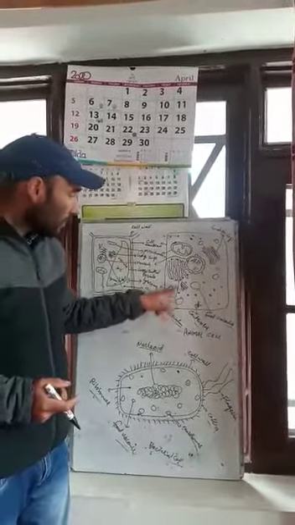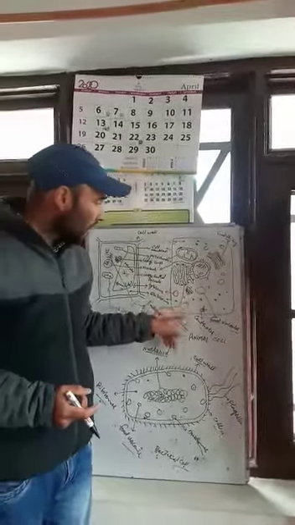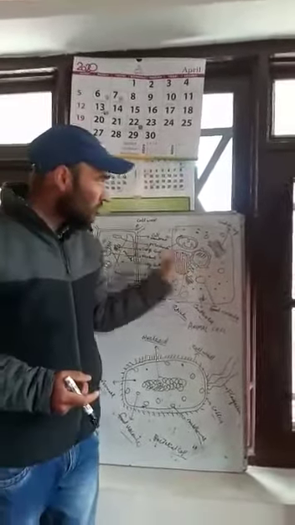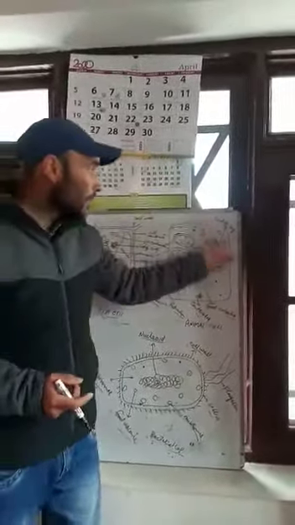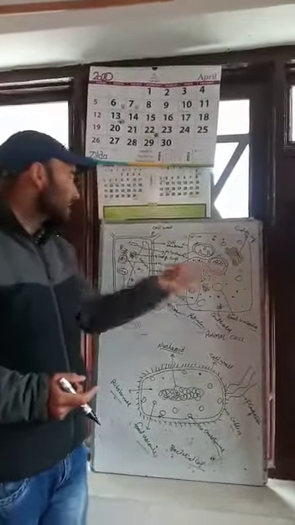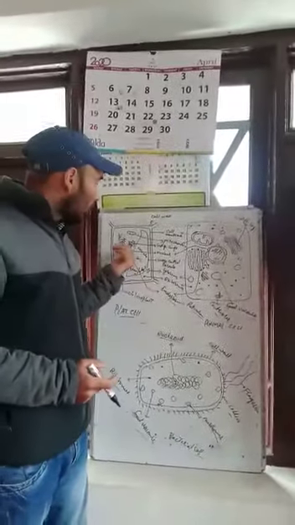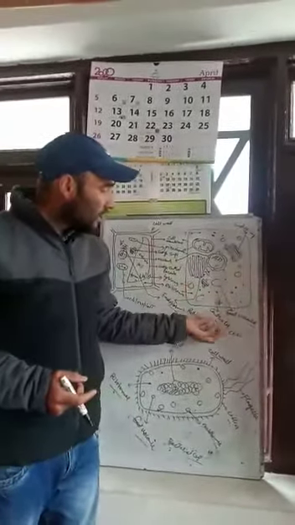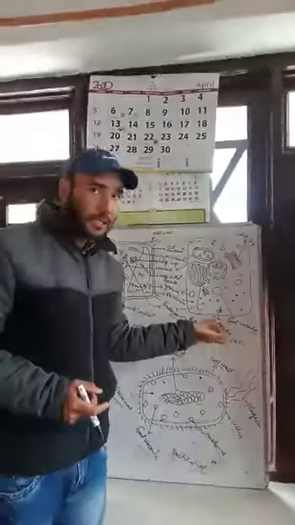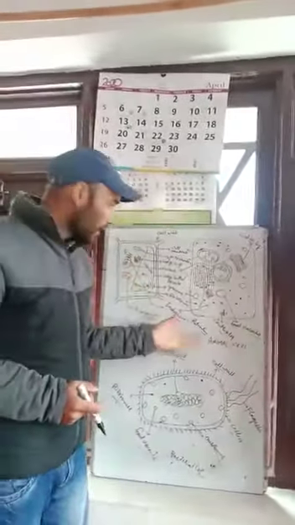Then there is the food vacuole, which may be present in this also. Lysosomes may also be present in this. The Golgi complex or Golgi apparatus is also present in plant cells as well as in animal cells. Then the centriole or centrosome is present only in animal cells, not in plant cells, mind it.